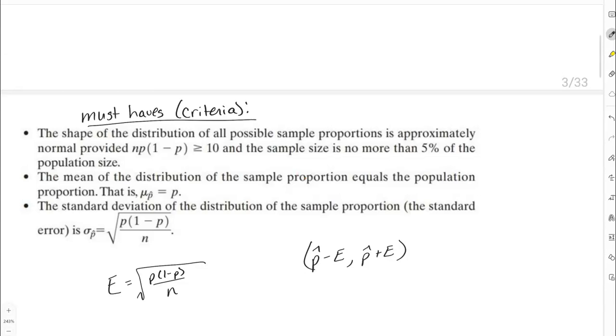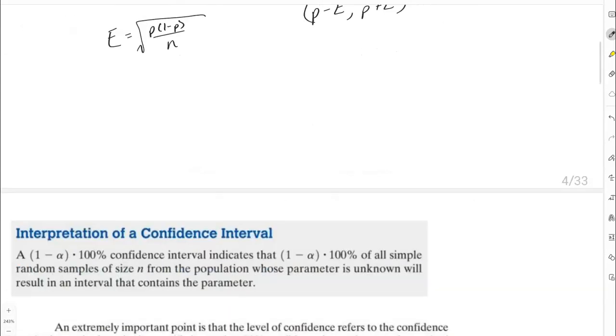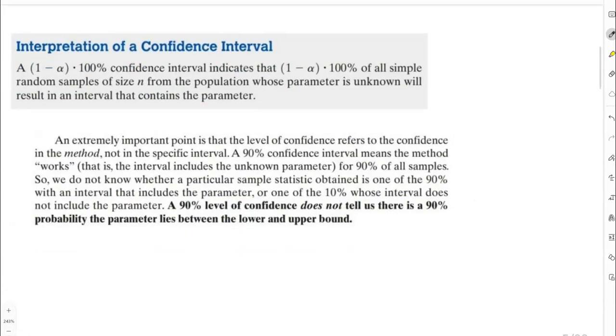And we want the sample size to be no more than 5% of the population. Secondly, the mean of the distribution of the sample proportion has to equal the population proportion. And then third, we've got that standard error that we're going to find. Interpretation.